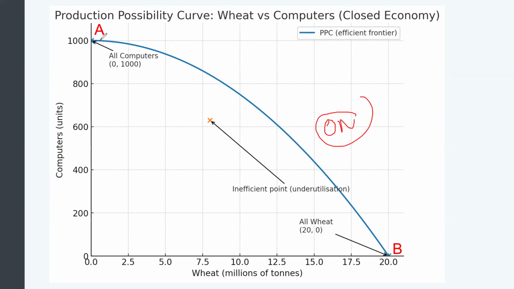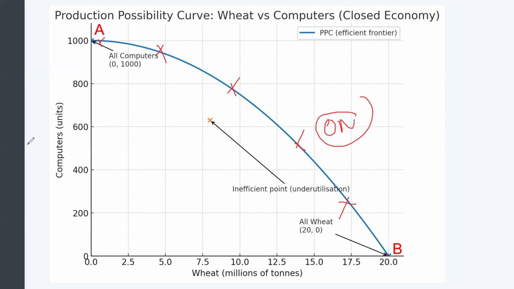So if an economy produces here, or here, or here, or here, or here, we call that economy efficient. We call the economy efficient because it is using all the land, all the labor, all the entrepreneurial skills, all the capital, and producing the maximum possible production. So that is question number one, efficiency.